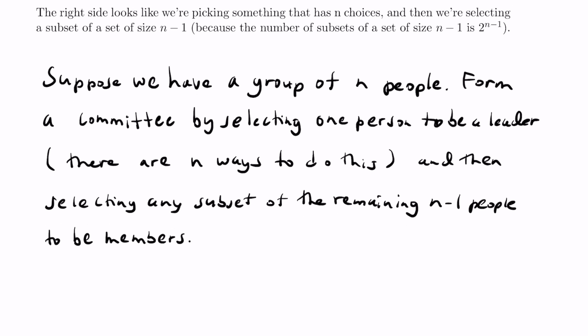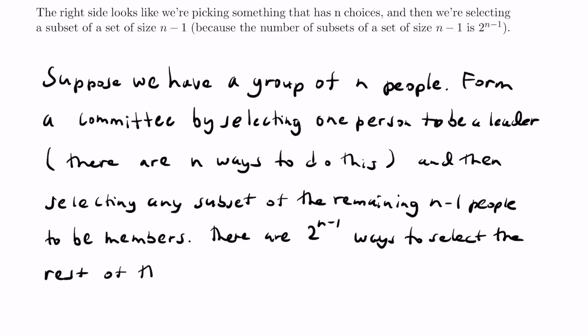Any subset. There are 2 to the n-1, because that's the number of subsets of n-1 people, ways to select the rest of the committee independent of the leader chosen.